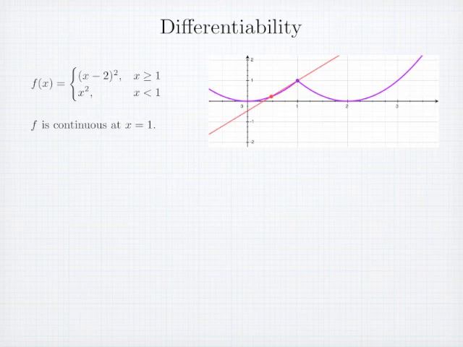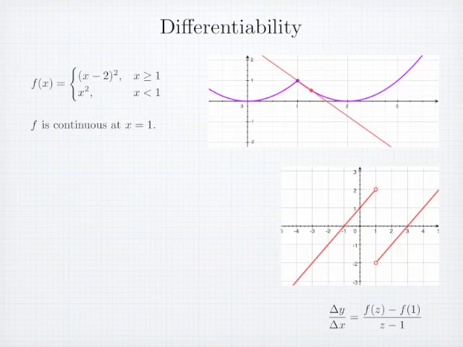But let's see what happens if I try to think about the derivative. If I calculate the slope of the secant line and think about how that depends on the location of z, notice that from the left I have one line that has a positive slope, but if I'm coming from the right, I have a negative slope.